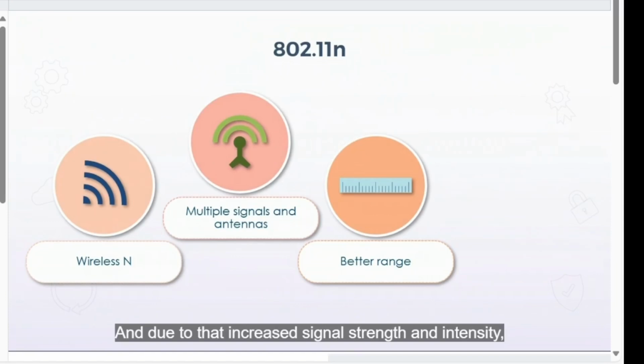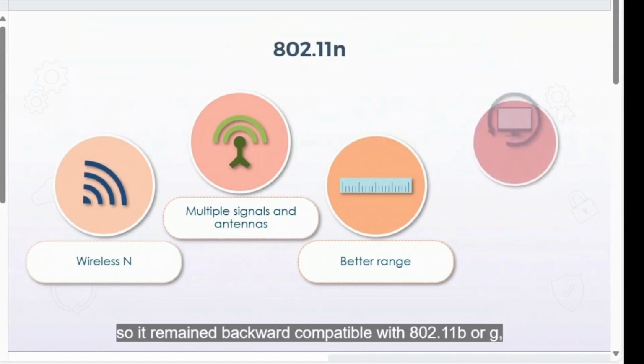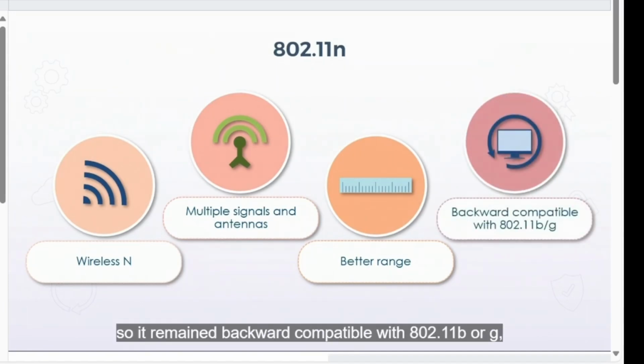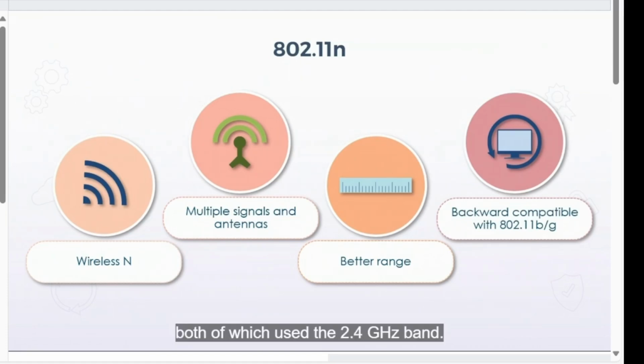strength and intensity, it could still operate on the 2.4 GHz band with improved range, so it remained backward compatible with 802.11b or G, both of which used the 2.4 GHz band.